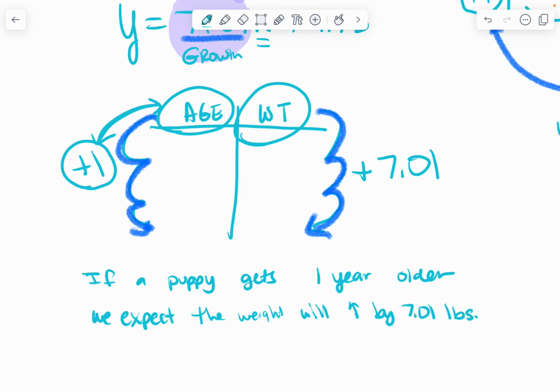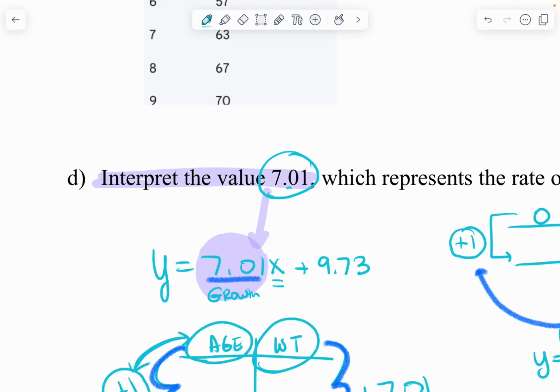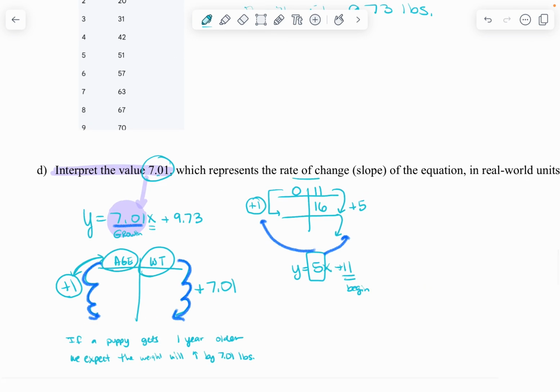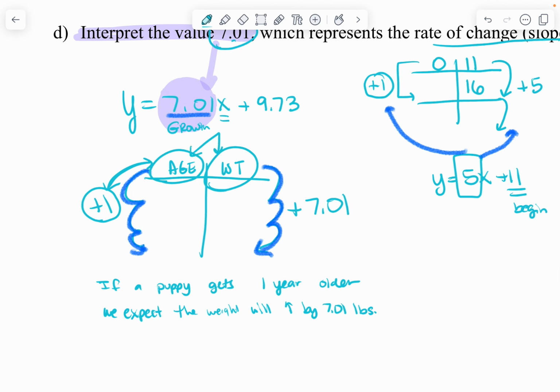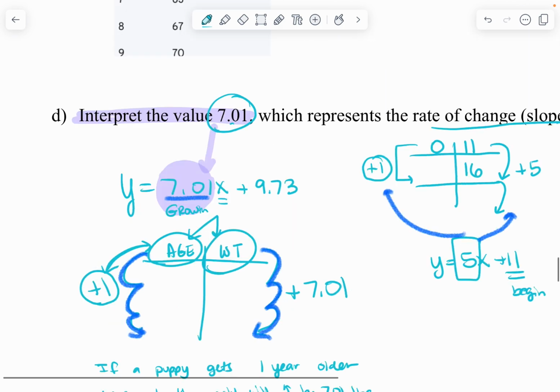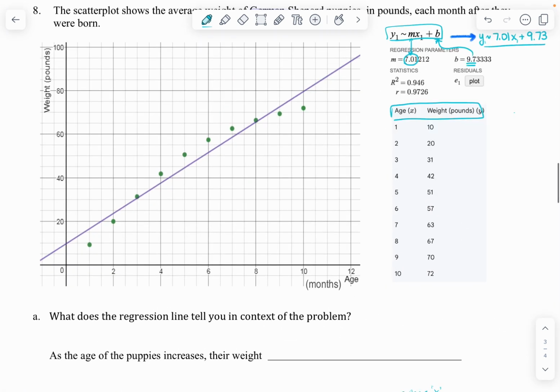Notice a growth, that value 7.01, what we call the slope or the rate of change, is just how the two things are changing together. It's called a rate of change because rate is speed and change is what's changing in the story. This is a story about German Shepherds and how old they are and how their weight goes up.